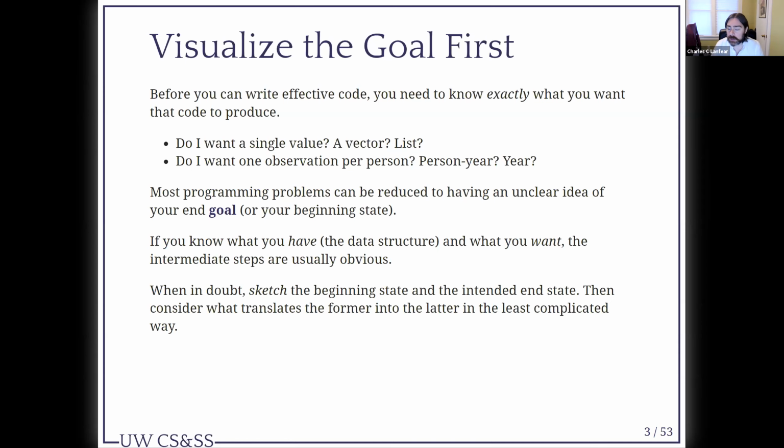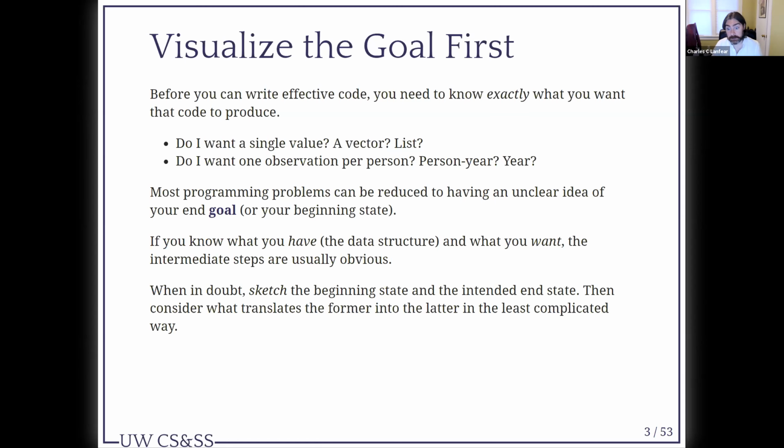When in doubt, I say you should sketch the beginning state and the end state of whatever you're working on. And I mean this physically; it's what works for me. I will literally draw a picture of the example data that I think I have and the example of the end result that I want.